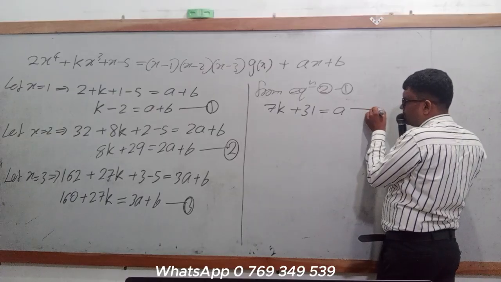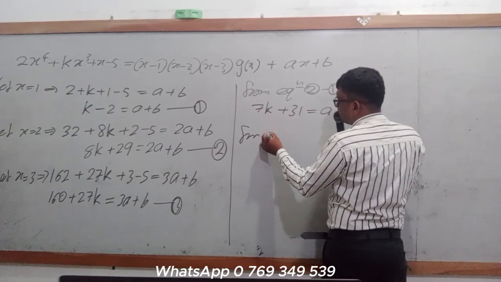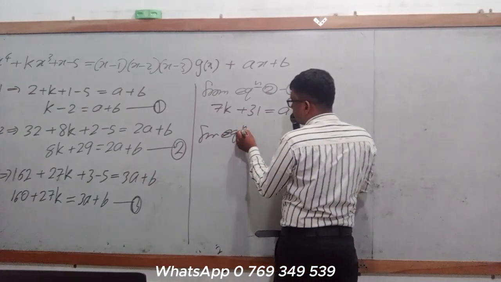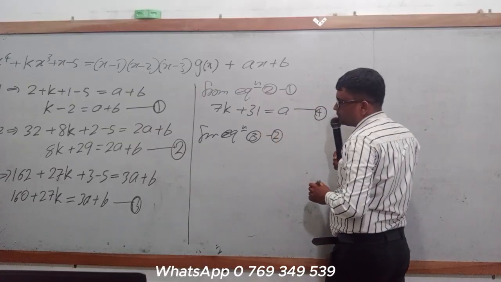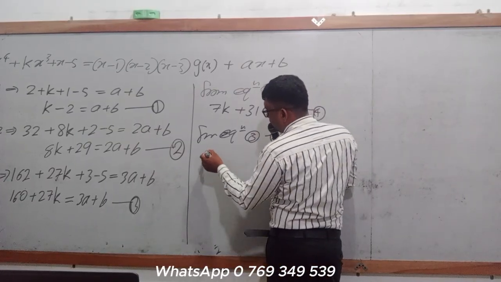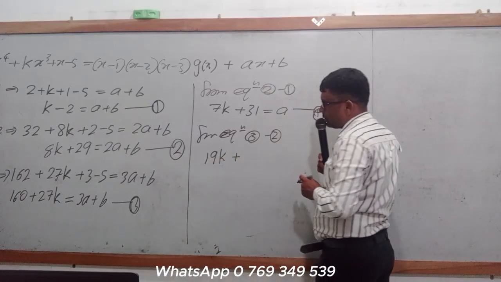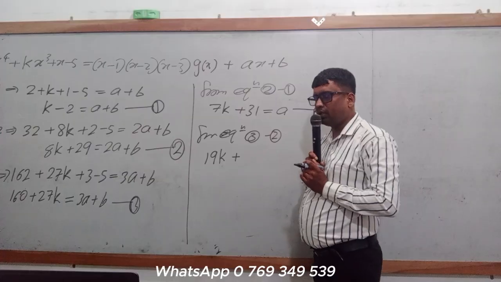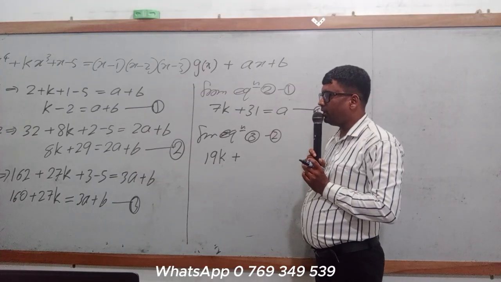That is equation 4. From equation 3 minus 2, 19k plus 160 minus 32, 128.